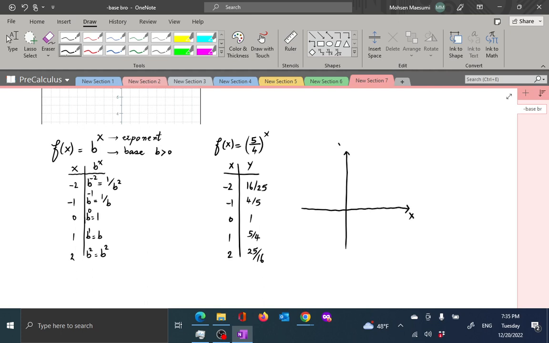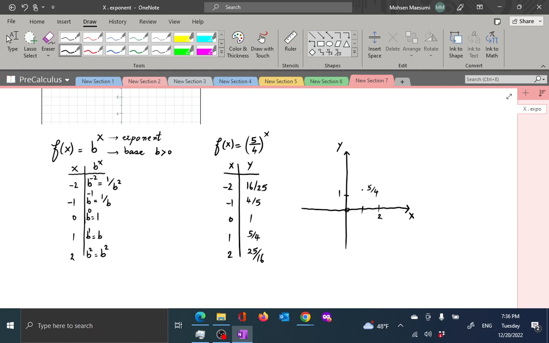Your steady hand is probably going to do a better job than I will. At 0 it's going to be 1. At 1 it's supposed to be 5/4, 1.25. At 2 it's supposed to be 25/16.